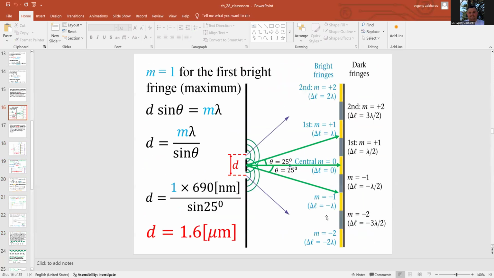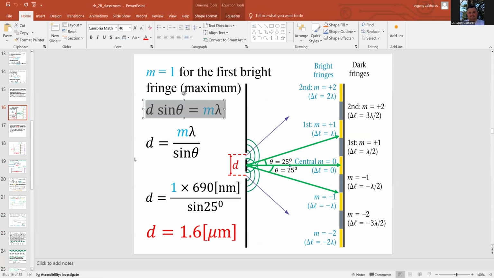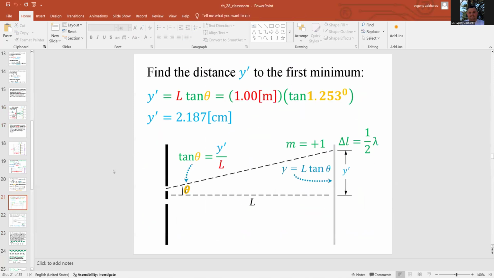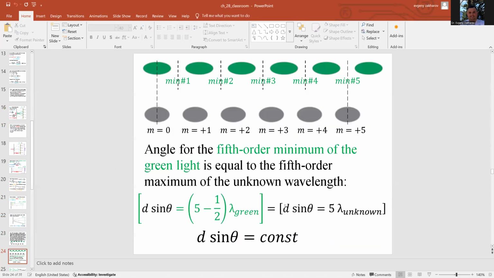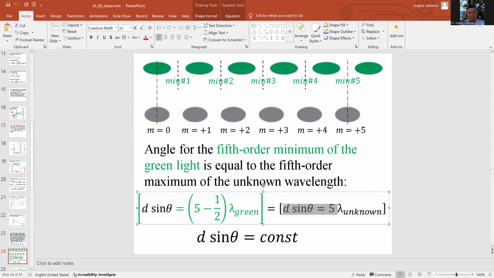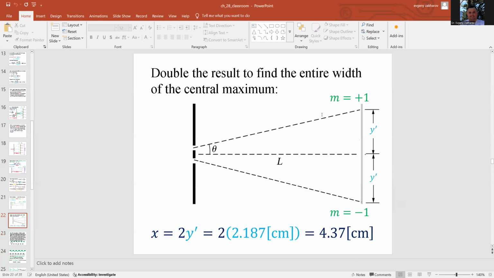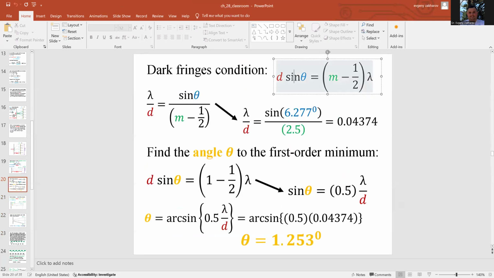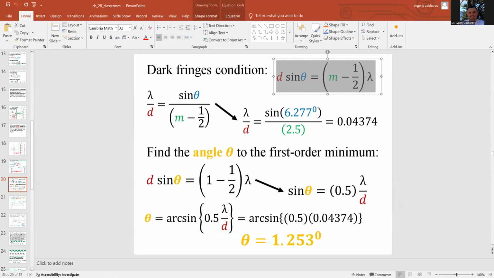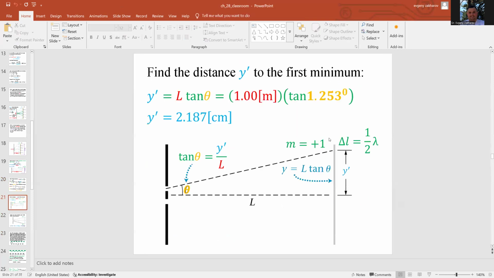Let's go back to the previous problem. So d sine theta is m lambda. That's the condition we're using for maximum. D sine theta is m, and m is 5 of the unknown lambda. That's what we have for maximum here. And for minimum number 5, here we go. D sine theta is m take away 1/2 lambda.